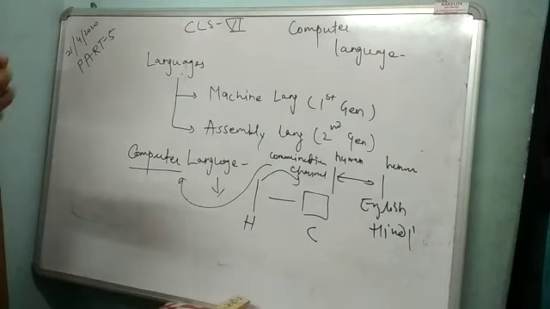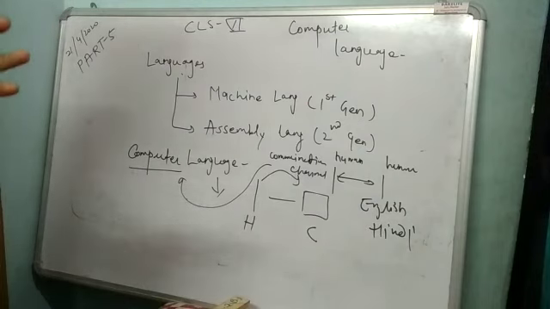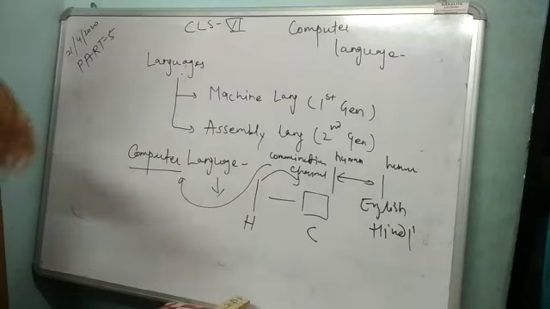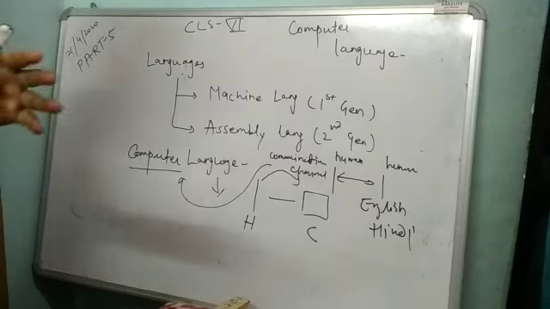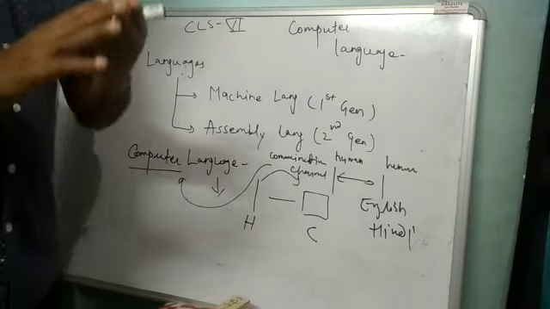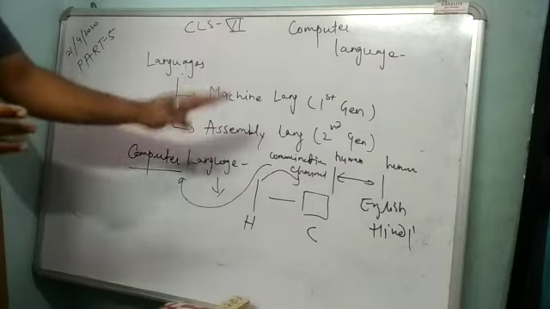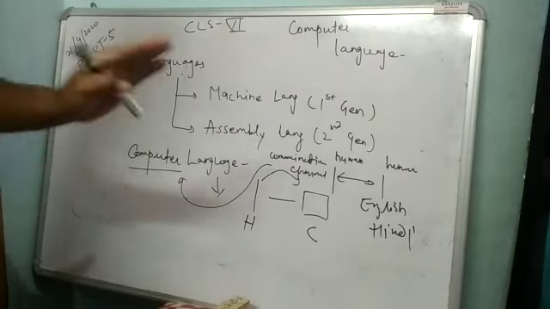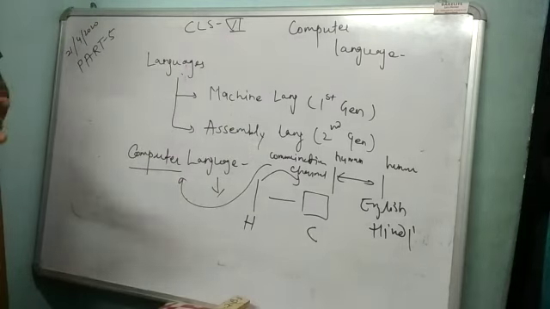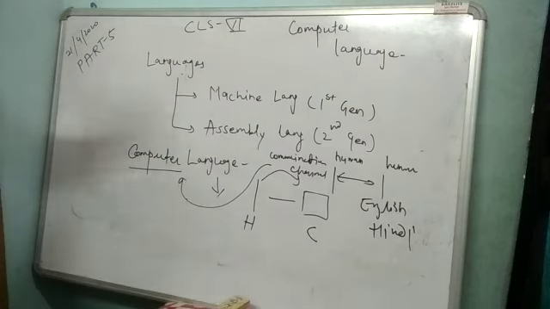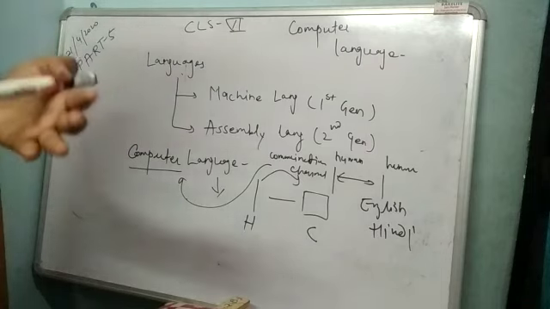Now, computer languages are divided generation-wise. There are four different types of languages in your syllabus: first generation, second generation, third generation and fourth generation. First generation is machine language, second generation is assembly language, third generation is high level language, and fourth generation is a more enhanced language.